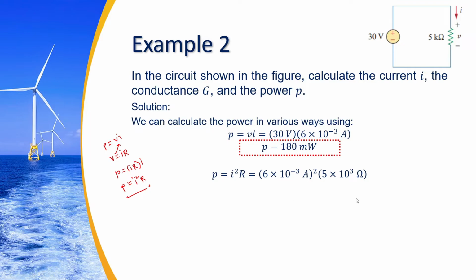So, we just square our current, then multiply it by the resistance. So therefore, our answer is still the same, 180 milliwatts.